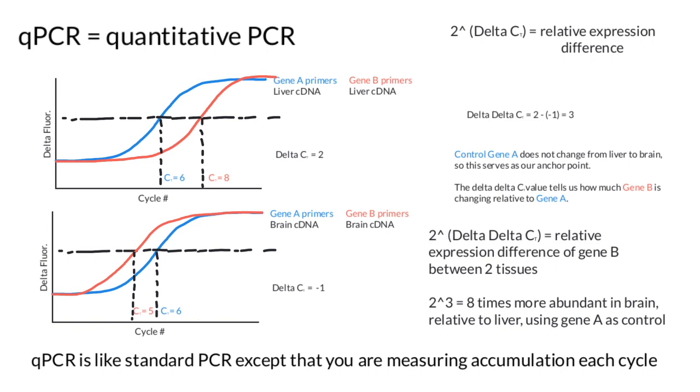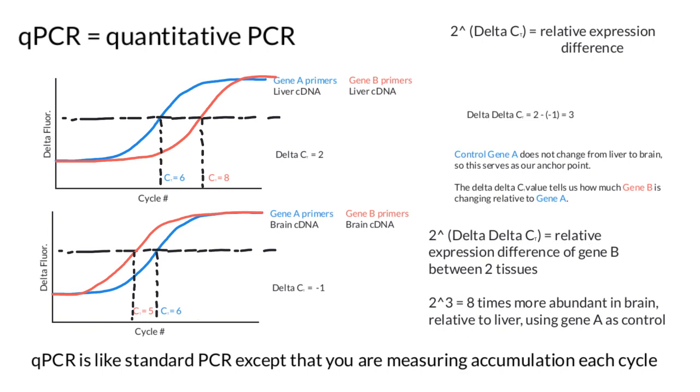We use the delta-delta CT with the same formula that we used before for relative expression within one tissue to look at relative expression between 2 different tissues here. So we calculated our delta-delta CT here to be 3. 2 to the 3rd power equals 8.